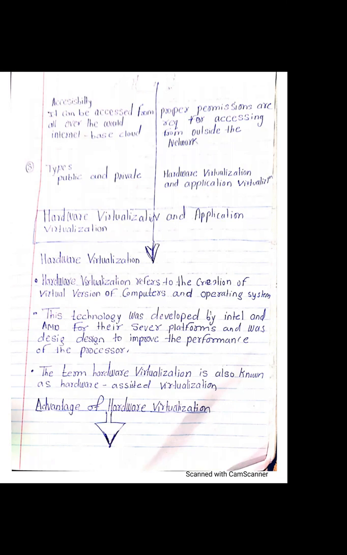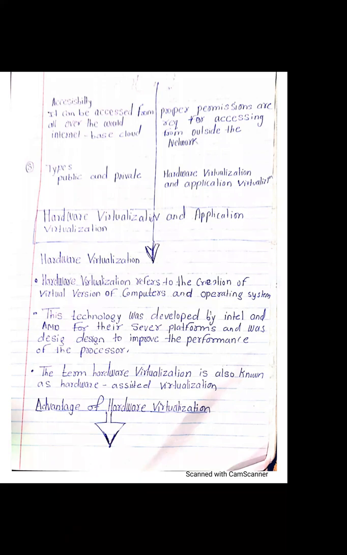In virtualization, proper permissions are required. That means in cloud computing you can easily access, but for a virtual machine, proper permission is required for accessing from outside the network.